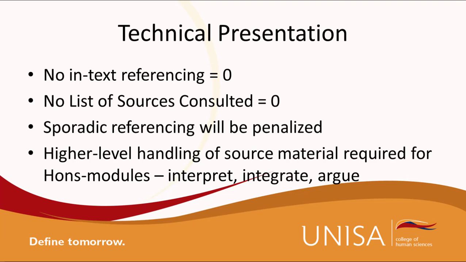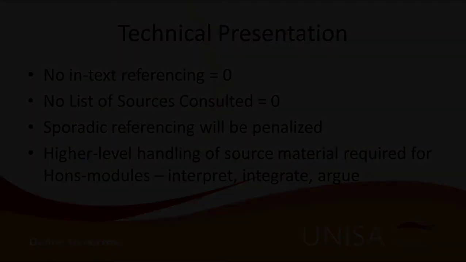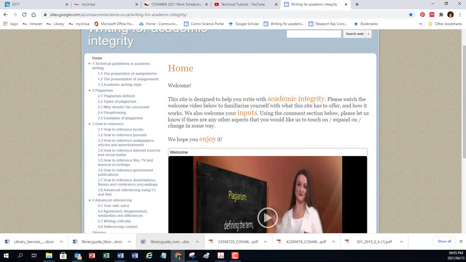I want you to think about this, and on Writing for Academic Integrity, there are also a few tutorials on these higher level writing skills that are important on this level. I want you to access those and also make sure that you start thinking about the finer technical points, not only the very basics of technical presentation.